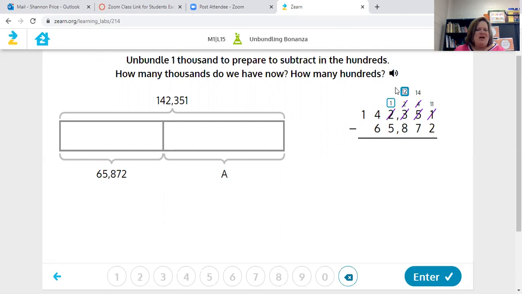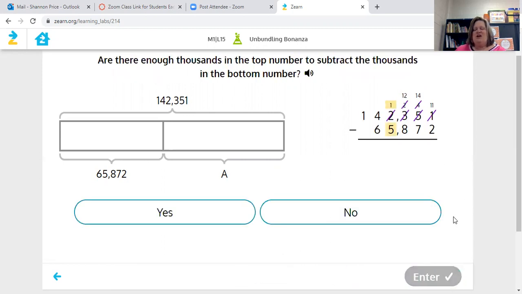So now I have 12 hundreds, because that 100 hundreds would be my thousands. We're still going to go again. Can I have 1 piece of candy and give you 5? Or in this case, 1,000 pieces of candy and give you 5,000? No, can't do it.